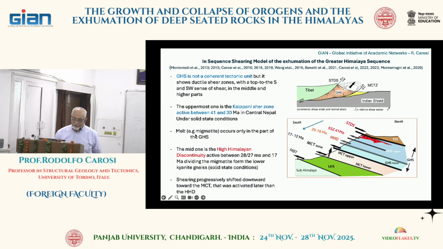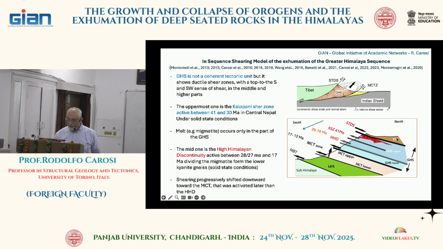The melt migmatites occur only in the upper part of the Great Himalayan sequence. We have the High Himalayan Discontinuity, HHD, active between 28, 27 and 17 million years, that separates the upper migmatites from the lower kyanite bearing gneiss.